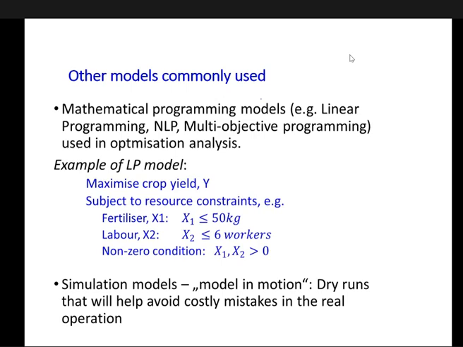And there is a non-zero condition that X1 and X2 must be greater than 0. So that is a condition such that the model does not tell you to use -4 workers or -20 kilograms of fertilizer, because that does not make sense.